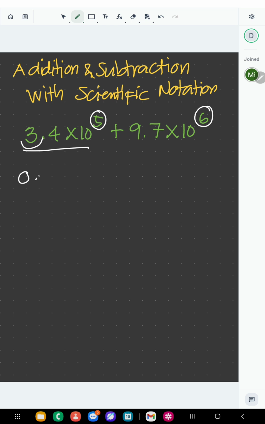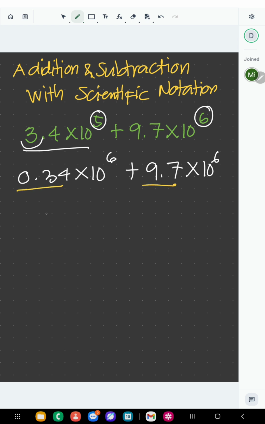This becomes 0.34 times 10 to the 6th plus 9.7 times 10 to the 6th. Now we can add them up: 0.34 plus 9.7 is 10.04.